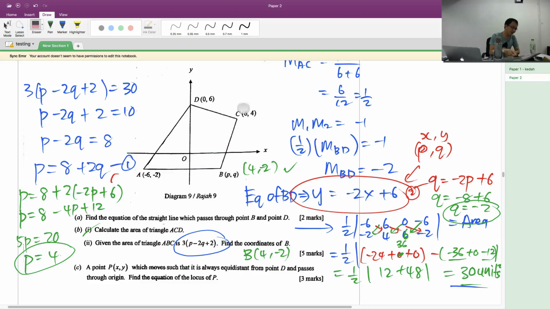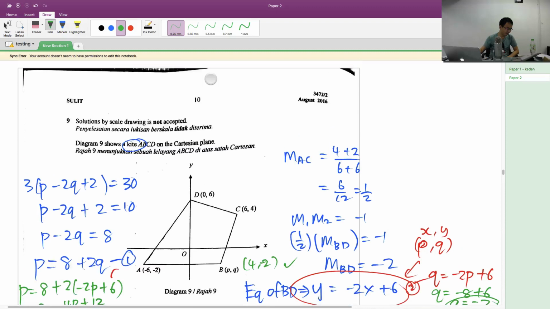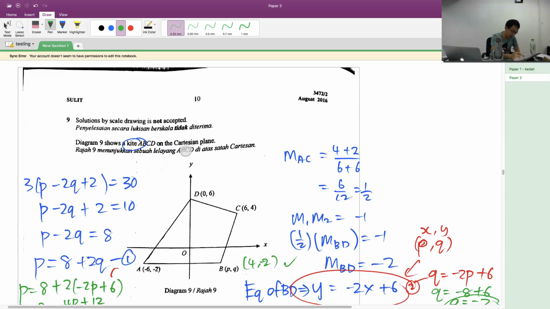It means you will have something always equal distance to D and passing through the origin. So you will have a very big circle, and this circle will pass through the origin O.